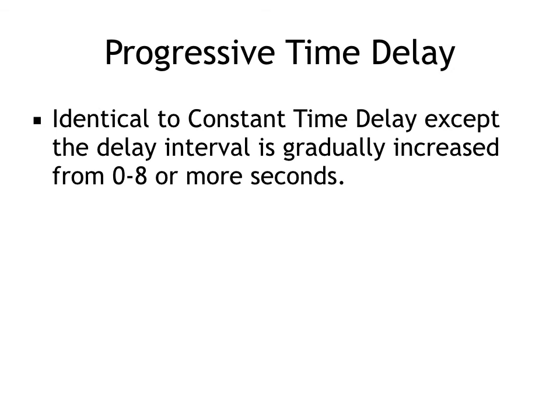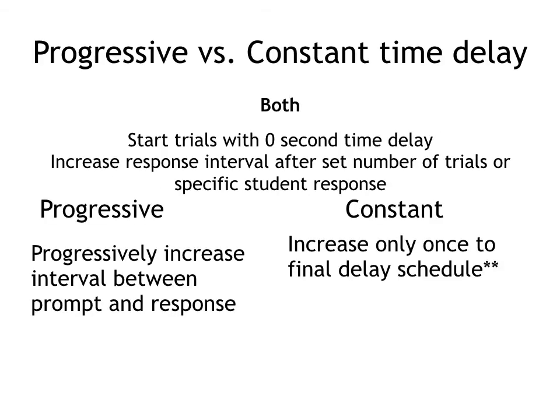Progressive time delay is a little different. It's identical to constant time delay, except the delay interval is gradually increased from 0 to whatever seconds, 5 seconds, 6, 7, 8. So both time delay methods start their trials from 0-second delay, but progressive time delay increases the interval gradually.